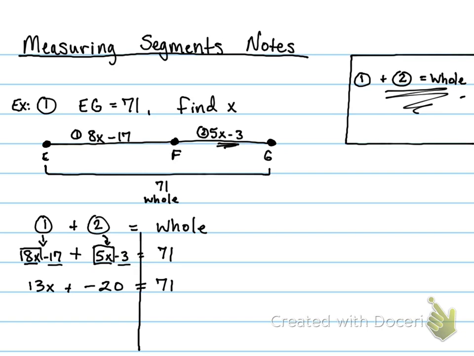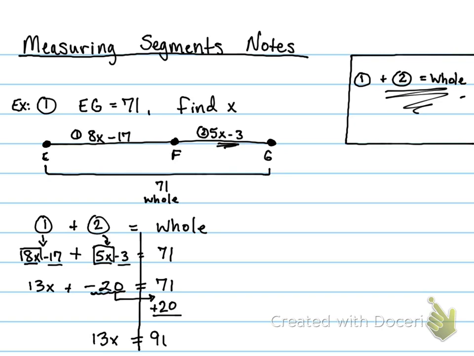Okay, our next step, the only way to get like terms is to move this negative 20 over with this 71. So when I'm moving things over that equal sign, I know that I need to do the opposite. So negative 20 becomes positive 20. So here we have 13x equals 91.